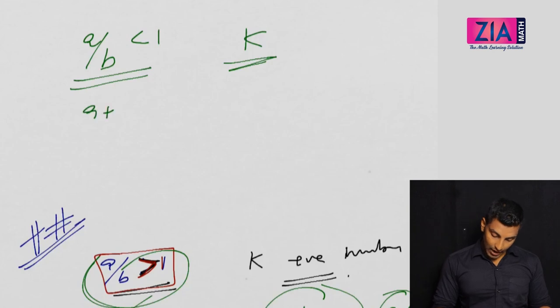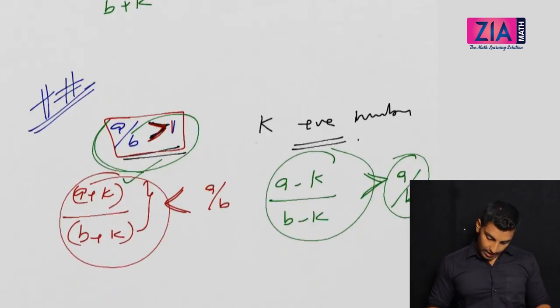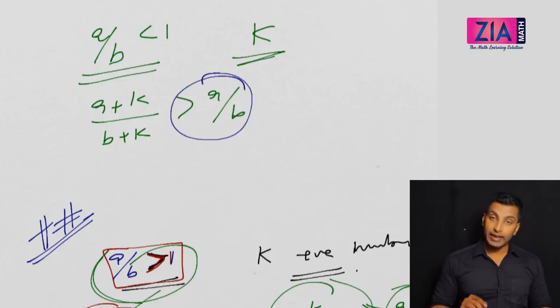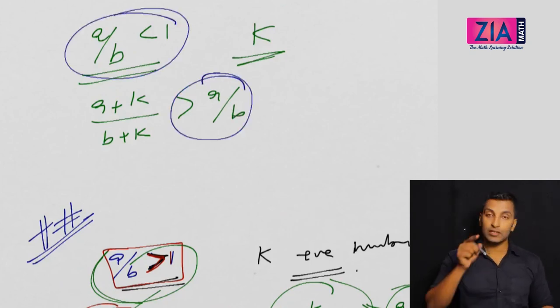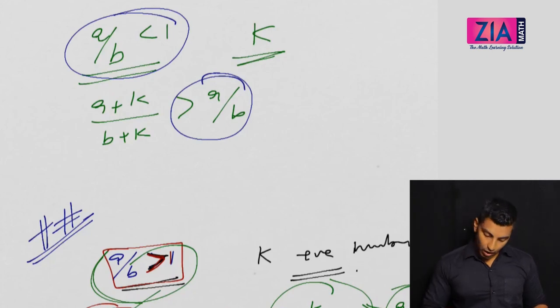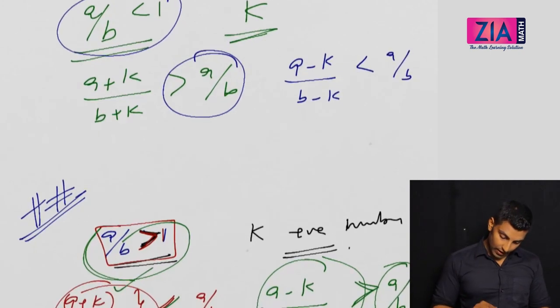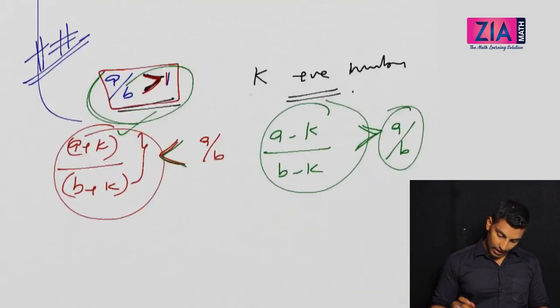Now if you add a plus k divided by b plus k, here it will be greater than a by b, because this a by b ratio is less than 1. And now the opposite, a minus k divided by b minus k, will be less than a by b. So remember this, very important.